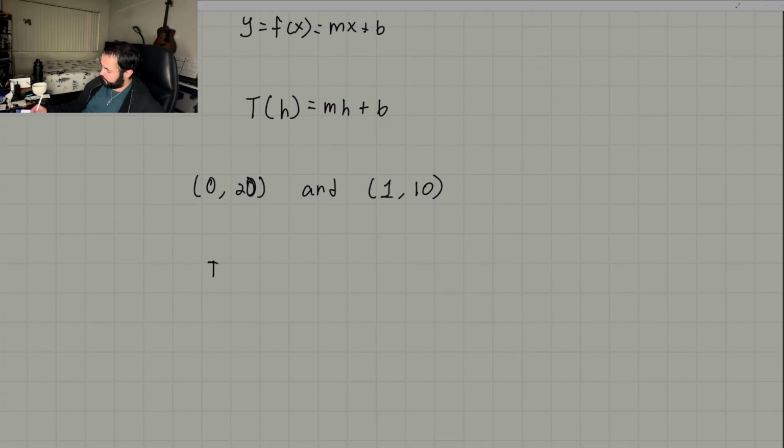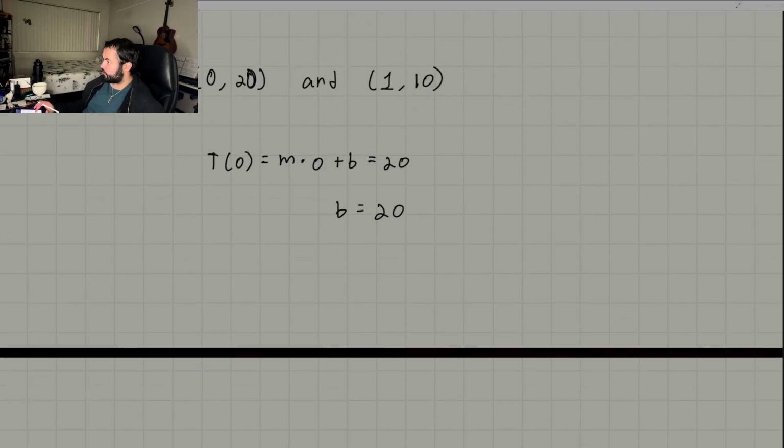So T at h is equal to 0 is equal to m times 0 plus b, which is equal to 20. That's our known value, and this just tells us that b is equal to 20. There you go, we have our first parameter.